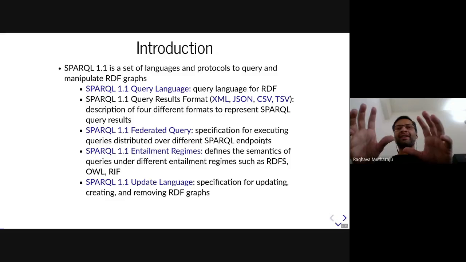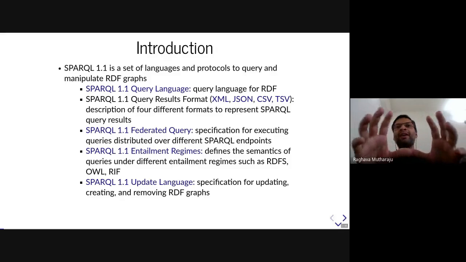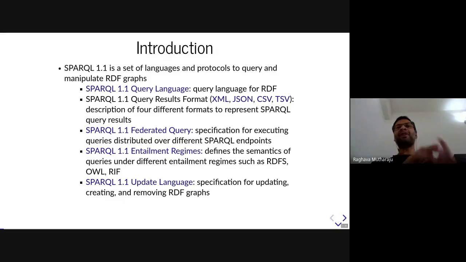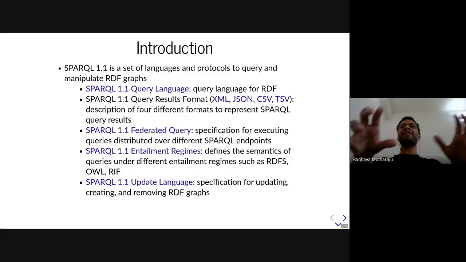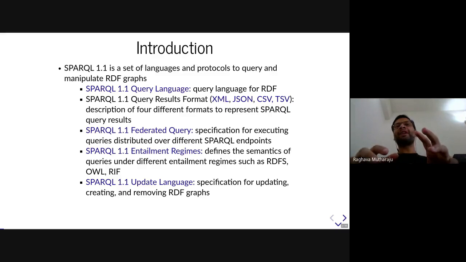That particular port and URL is exposed to the public, and you can send your queries to it. The server processes the queries sent over the web and gives back the results. That is what is called an endpoint.